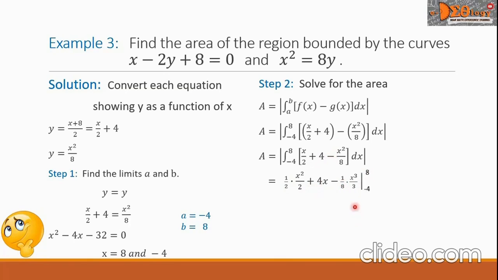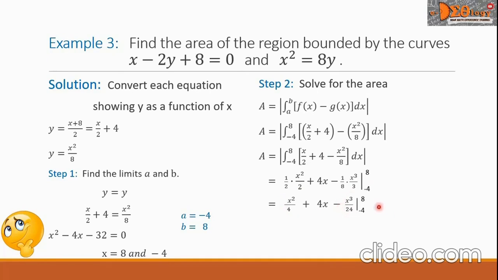This will be evaluated later with respect to the limits of integration from negative 4 to positive 8. We can simplify further our expression here into x squared over 4 plus 4x minus x cubed over 24.